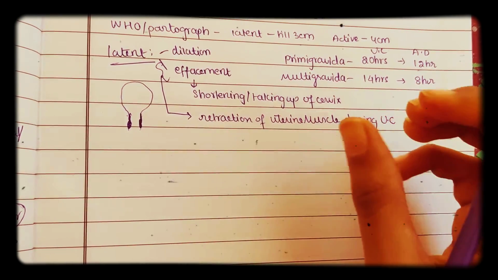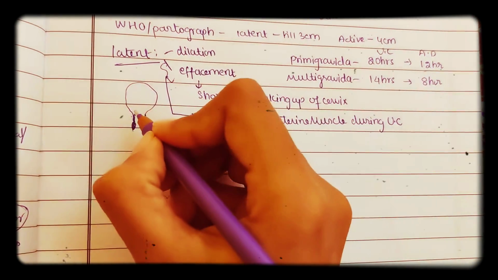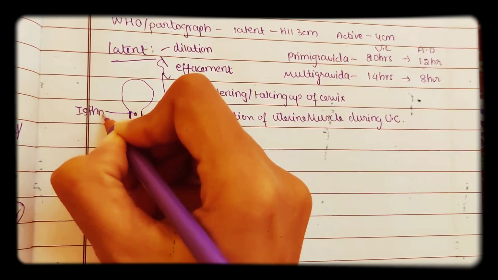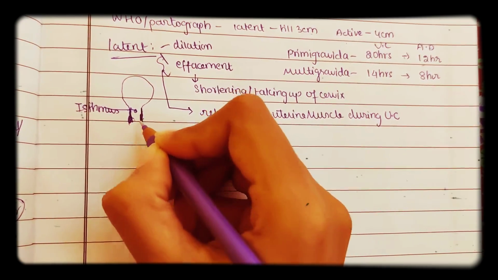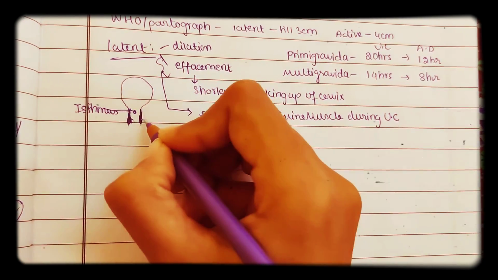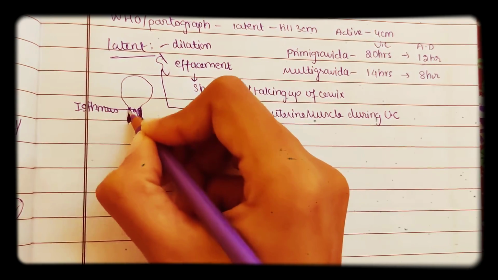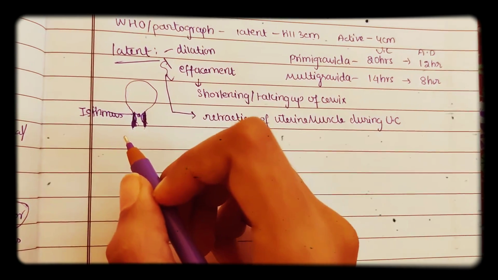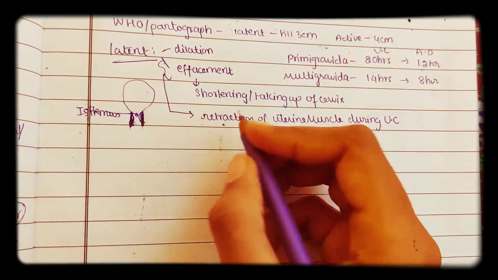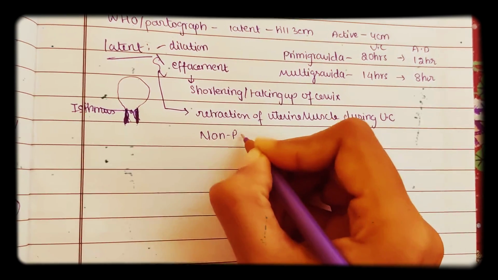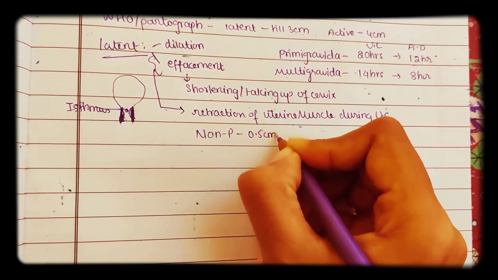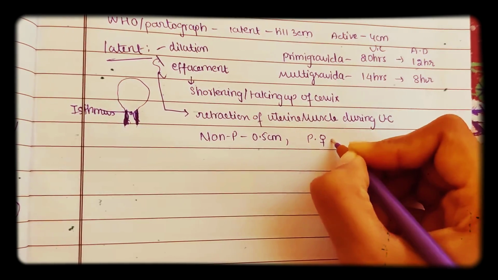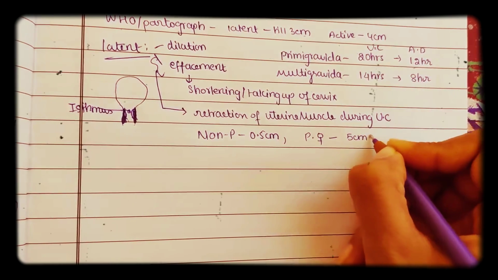Okay, so the lowermost part of uterus is known as isthmus. This is isthmus here. Actually this is cervix. Effacement is nothing but the cervix getting completely mixed along with the isthmus. In a non-pregnant female, isthmus is 0.5 centimeters, whereas in a pregnant female, the isthmus enlarges to about 5 centimeters at term.